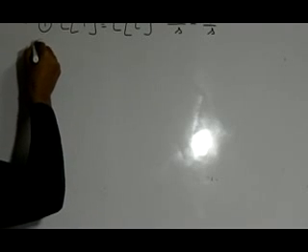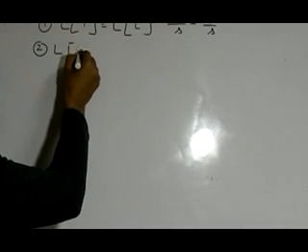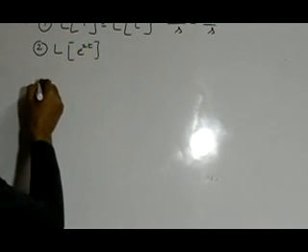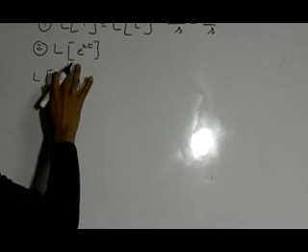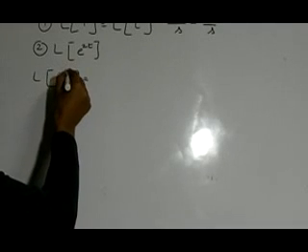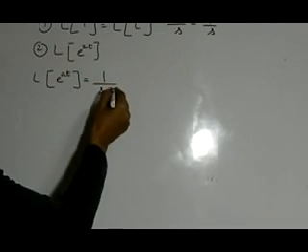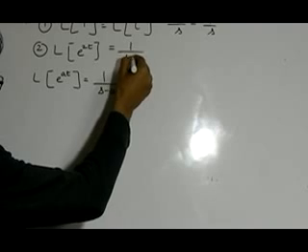Similarly, if I ask you what is Laplace of e to the power 2t, we have studied that Laplace of e to the power at is 1 upon s minus a. Here a is 2, so it is 1 upon s minus 2.